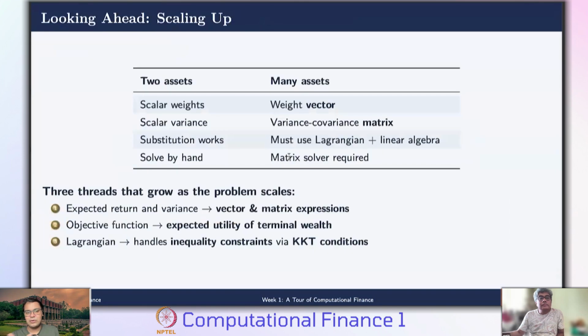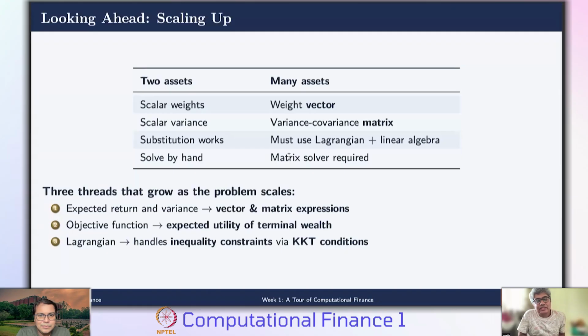So maybe we can just give a quick look ahead about how we are going to move forward. Yes, absolutely. Currently we are looking into two assets, where we are handling the weight as a scalar.